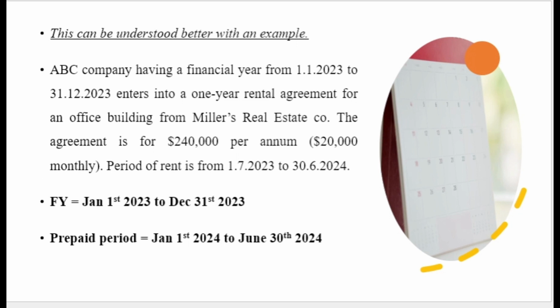So the books of accounts at the closing date of 31st December 2023 should reflect 6 months of rent in the profit and loss and the income statement. The balance 6 months has to be seen in the balance sheet under current asset. And the prepaid period of this rent is January 1st, 2024 to June 30, 2024.